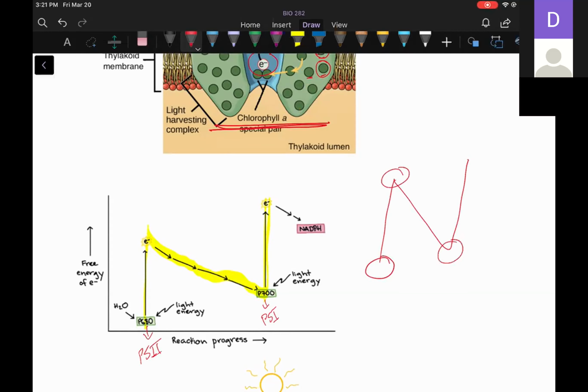It will be really helpful for remembering the inputs and outputs of this.